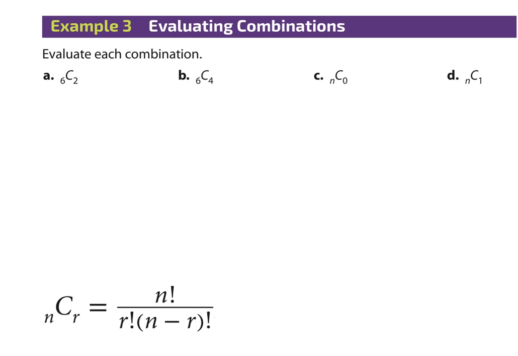So in your calculators, put in a 6 first, then you're going to go to, typically it's math, over to your probability menu, and down to your combination function, and hit enter. And then you're going to put in the second number, and you're going to hit enter again. All right, and then you should get 15.